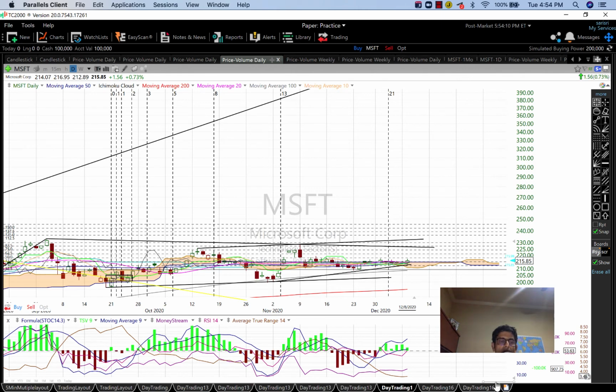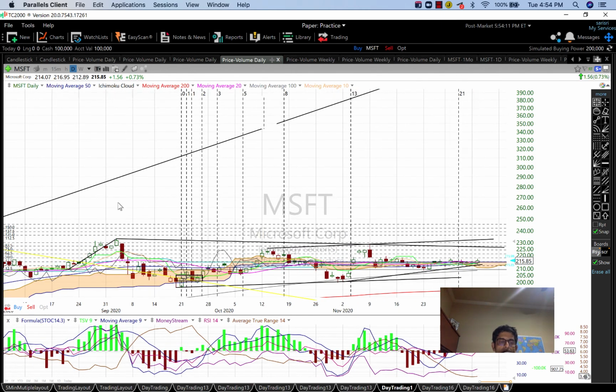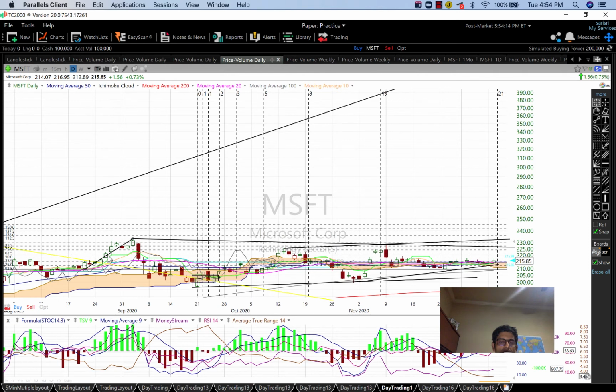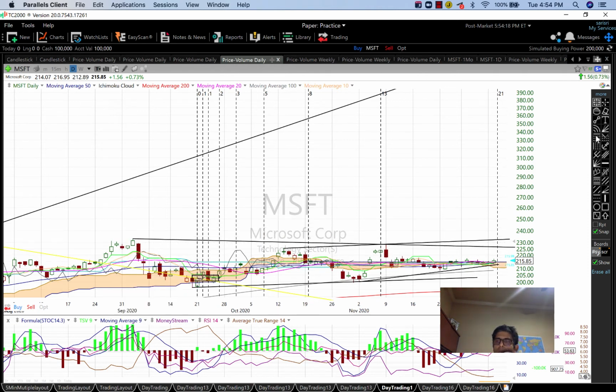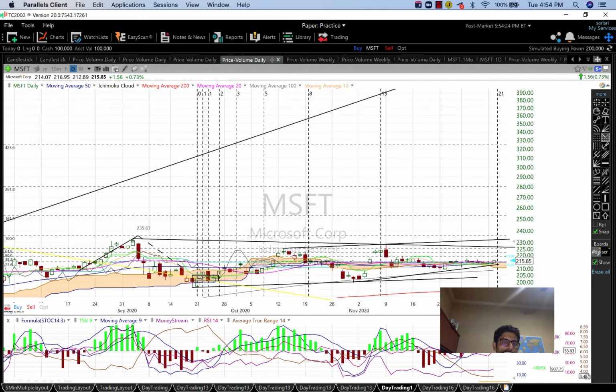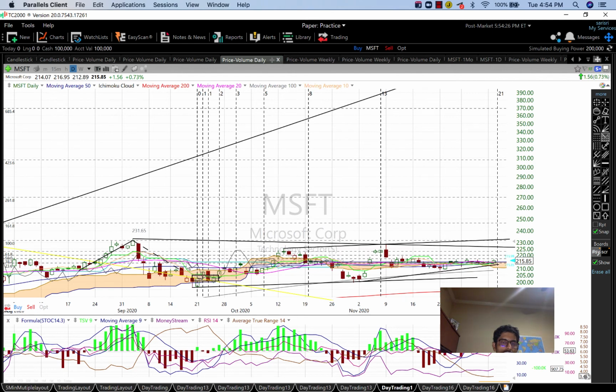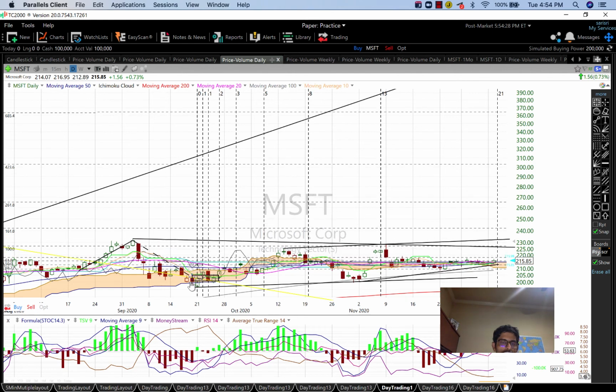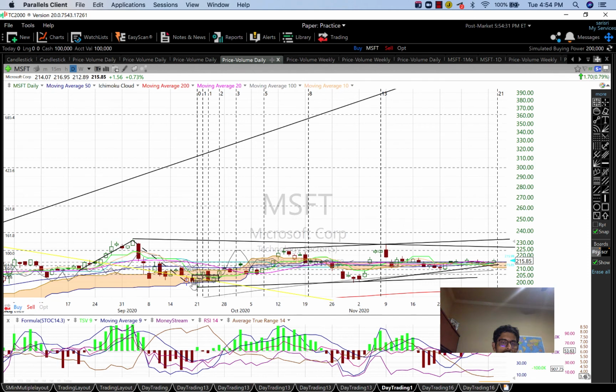Let's look at it from another angle, just to see how it looks. I'm going to remove this and I'm going to draw an extension and see how it looks. Okay. If you look at this, it is looking at around this area.